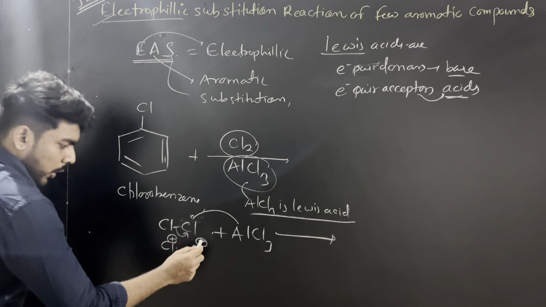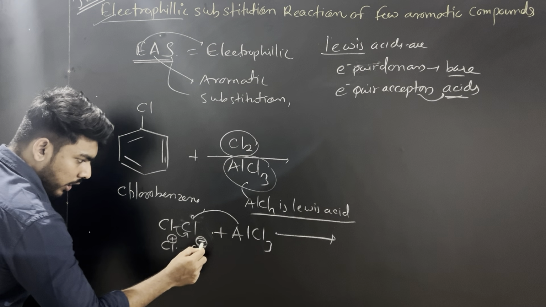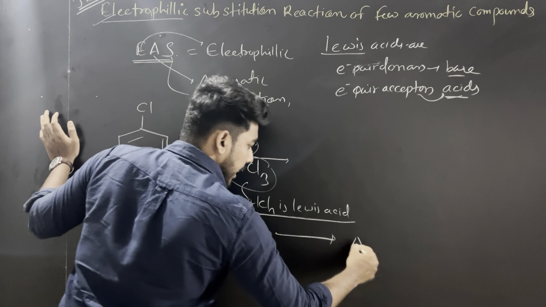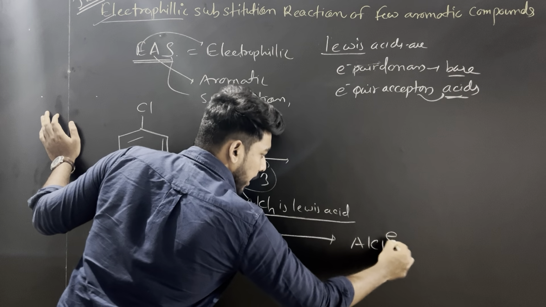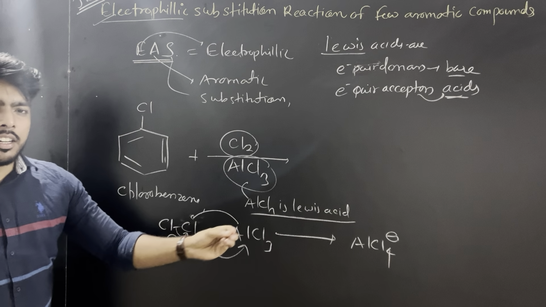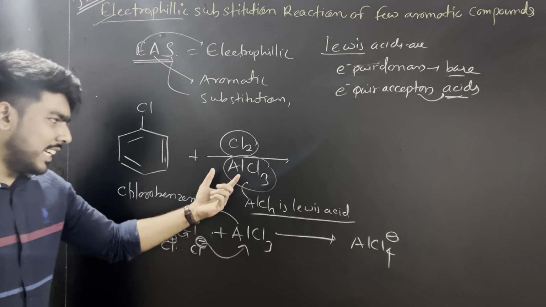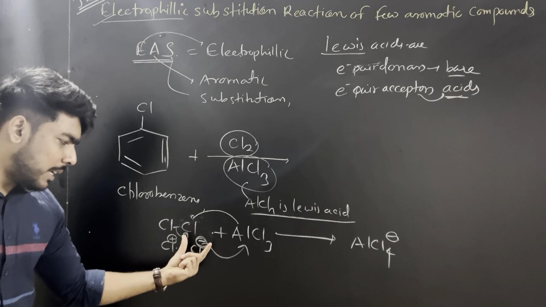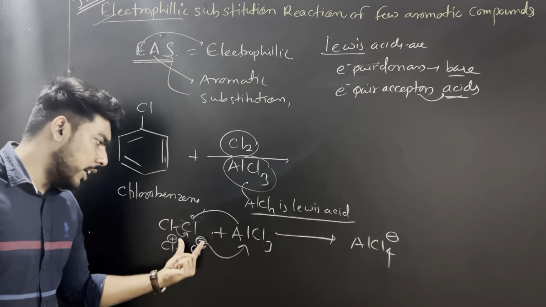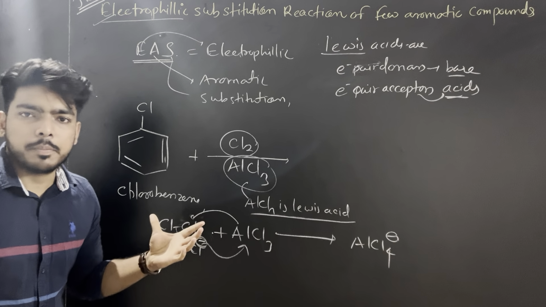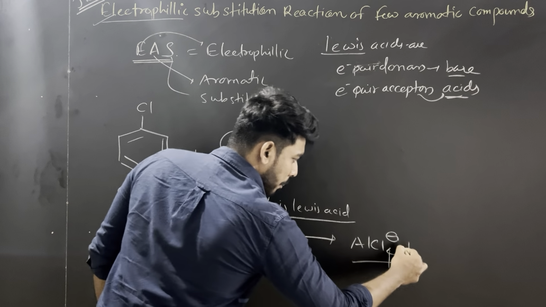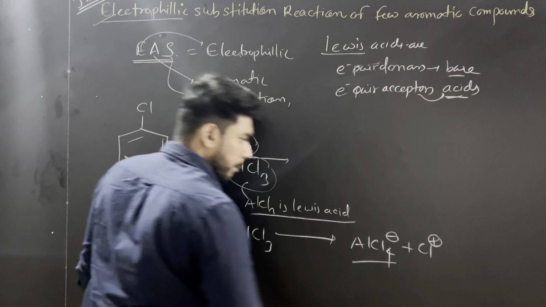The lone pair of electrons is accepted by aluminum, and this becomes AlCl4 minus. Just as I defined a Lewis acid, AlCl3 is accepting electrons from Cl minus, so we get AlCl4 minus plus Cl plus.